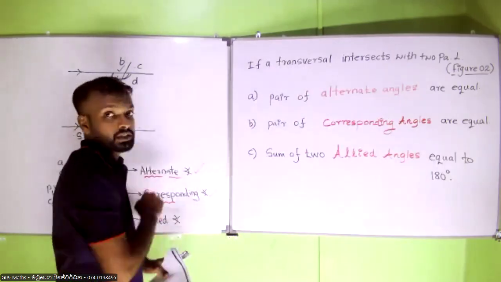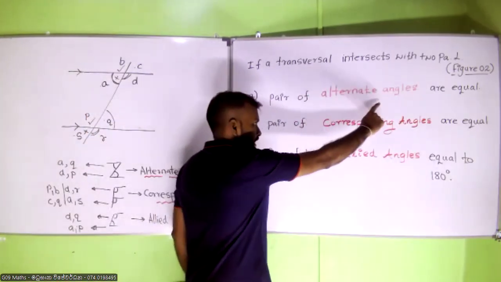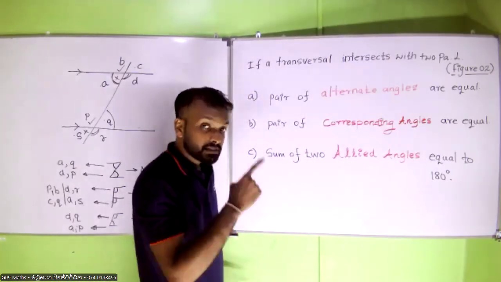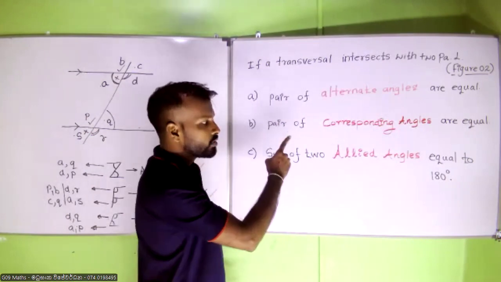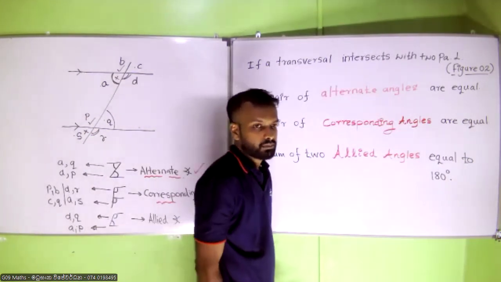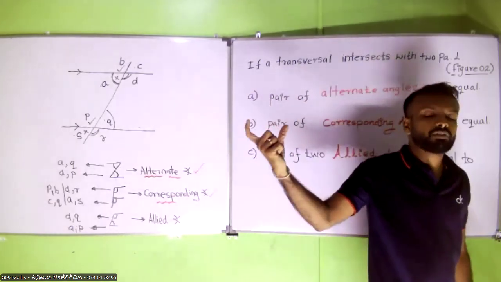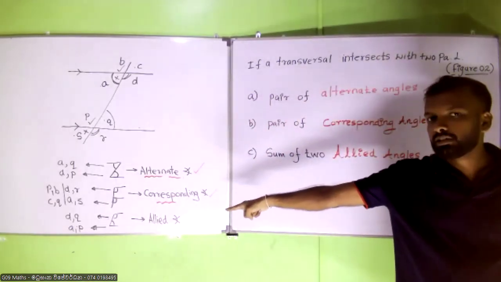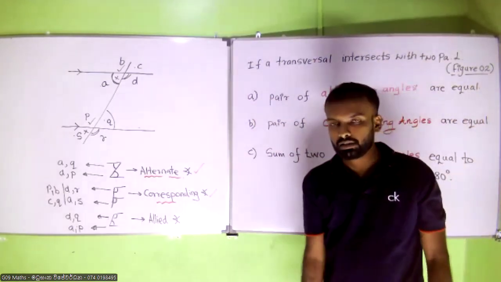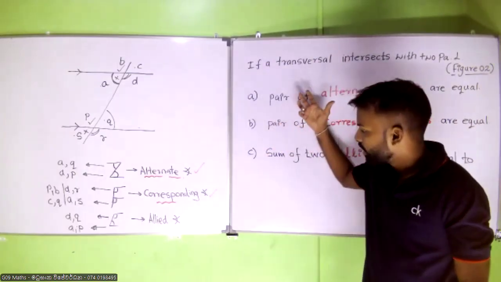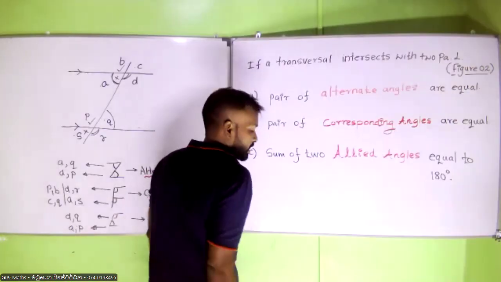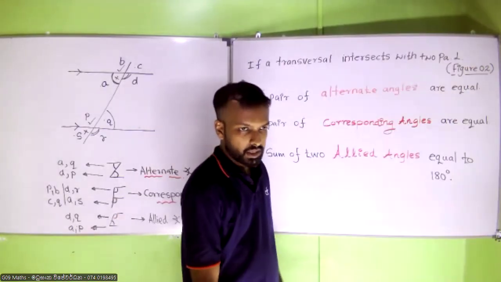That's one of the important things. Alternate angles are equal, corresponding angles are equal, but for aligned angles, the sum of aligned angles is equal to 180 degrees. That means if you consider a pair of aligned angles, their sum will be equal to 180. Later we are going to do more examples from these so that you can understand it perfectly.